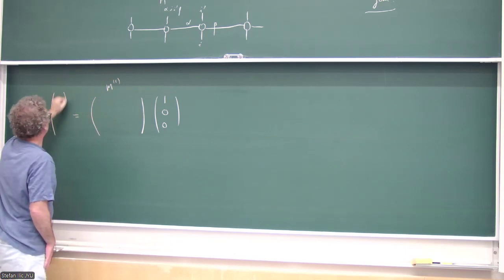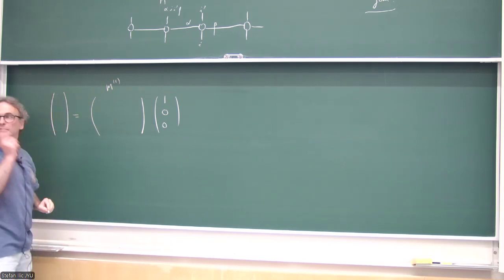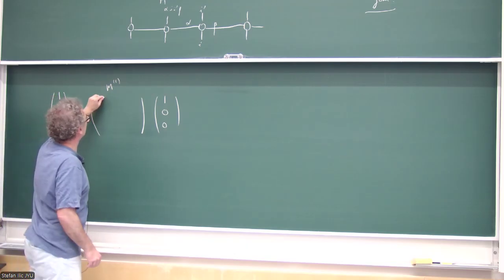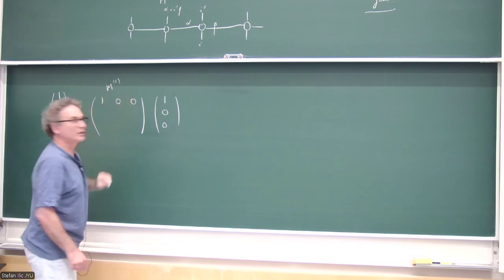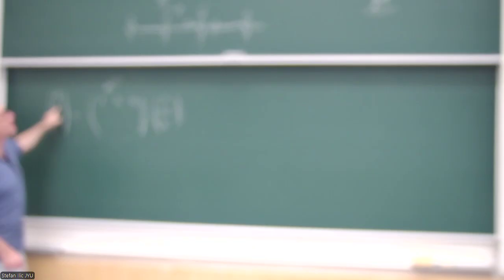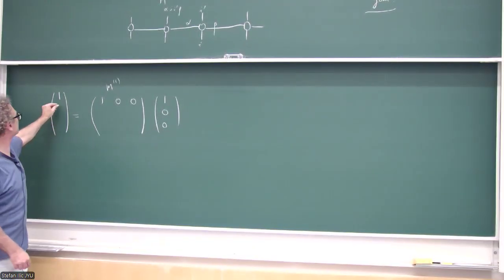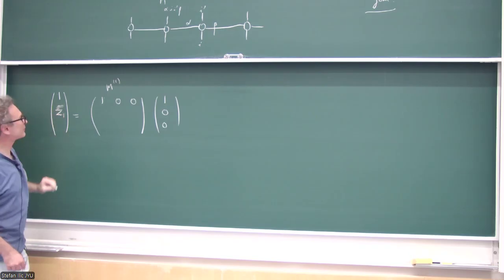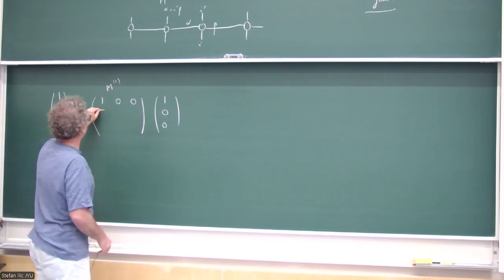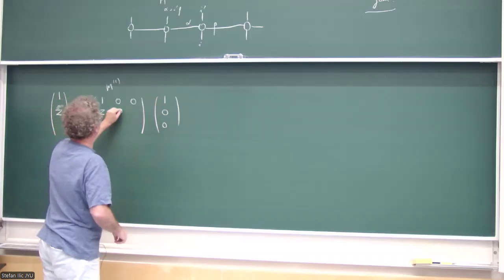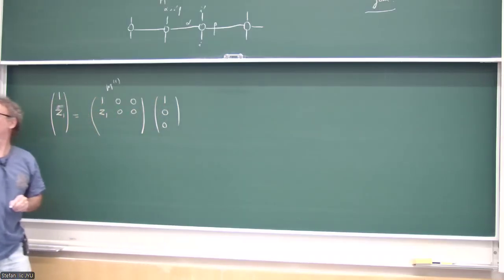And my goal is to get here a 1. So if I want a 1 here, I can just put 1, 0, 0. That should do the trick. Here, I want to have Z1. Z1, so I can put a Z1 here, and then it multiplies with this one, and I get my 1, my Z1.